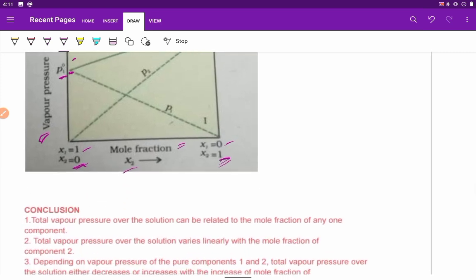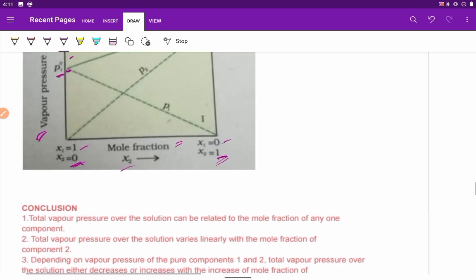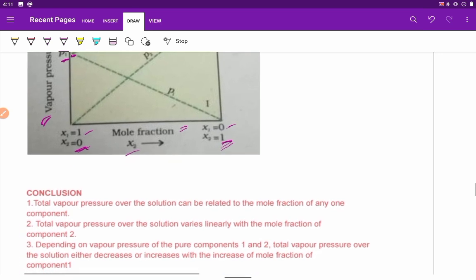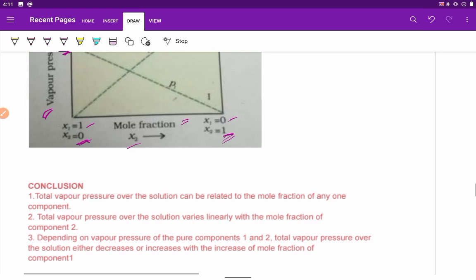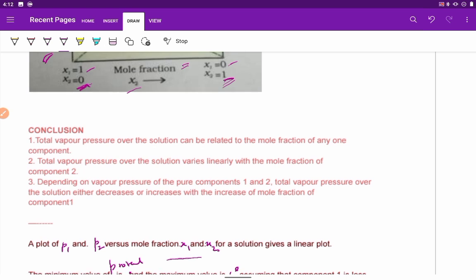So based on this, we can conclude that the total vapor pressure over the solution can be related to the mole fraction of any one component, and total vapor pressure over the solution varies linearly with the mole fraction of component 2, as we have seen with x2 equal to 0 up to x2 equal to 1. And depending on vapor pressure of pure components 1 and 2, the total vapor pressure over the solution will either decrease or increase with the increase of mole fraction of the component, here component 1.